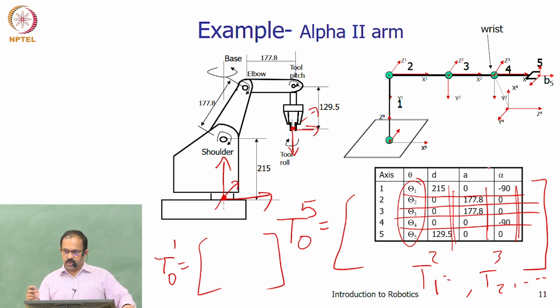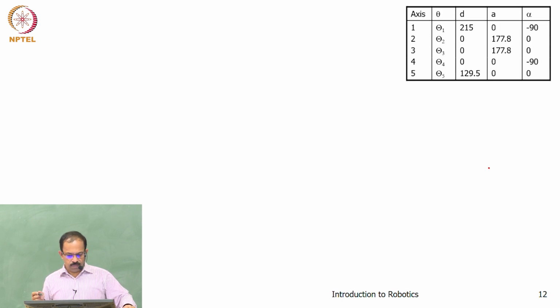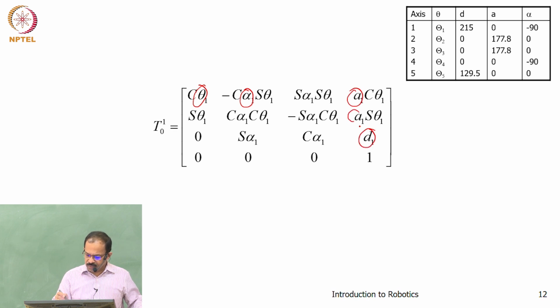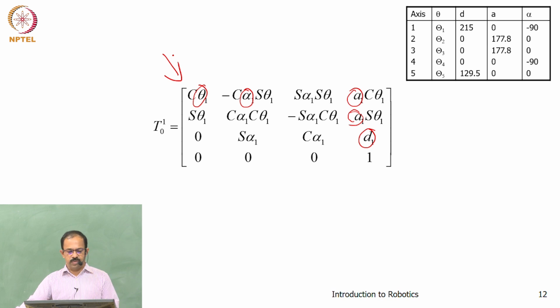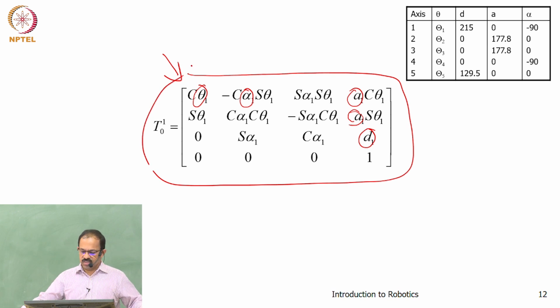Once you have the DH parameters, the first thing is to go for T10. It can be obtained by substituting the values of theta 1, alpha 1, A1 and D1 into the arm matrix, the 4x4 transformation matrix between two adjacent frames, which I showed you in the previous slides.